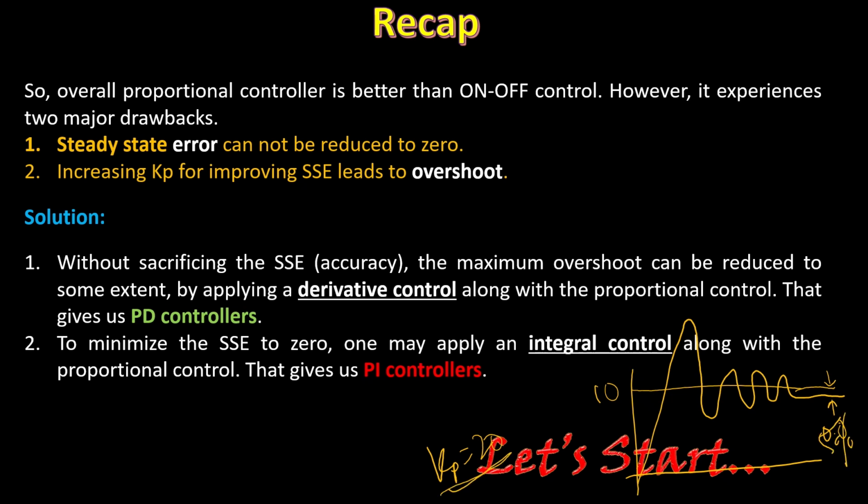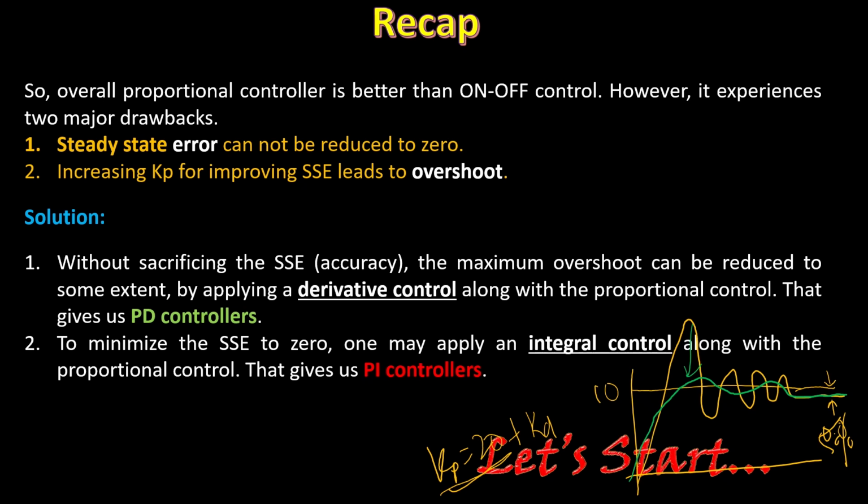Instead of Kp, if you use Kp plus Kd, that means proportional plus derivative control, then the oscillations will be very less, but the error will again be 5%. So you understand, I guess. The D controller reduces the oscillations. However, it cannot reduce the error.